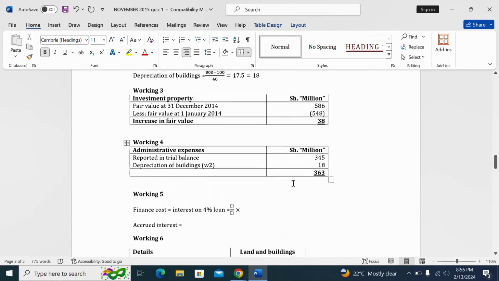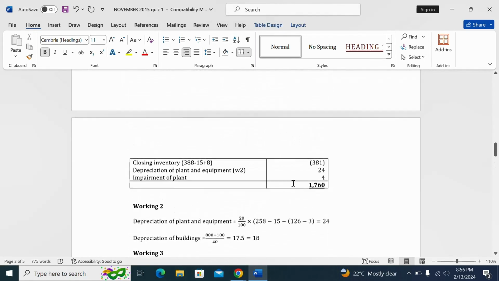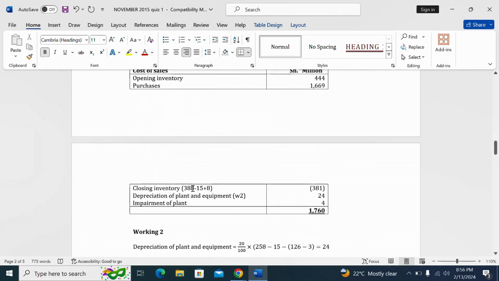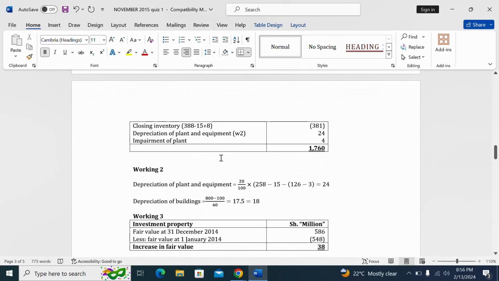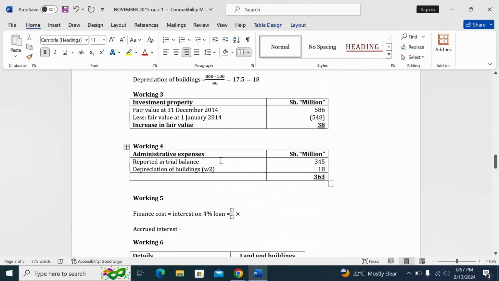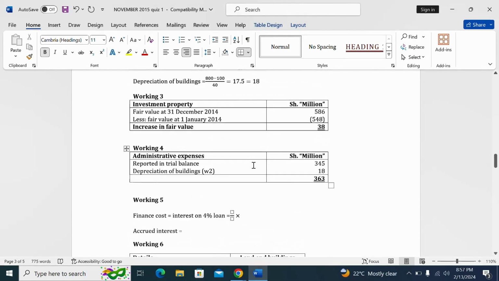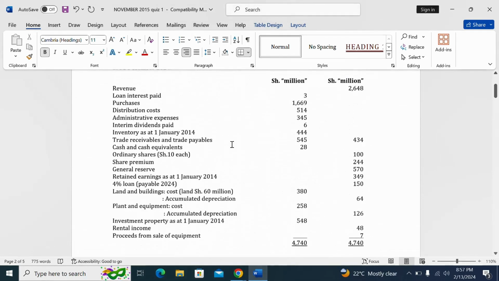Then finally, we go to our finance cost. Finance cost is the interest which was paid during the year, or anything else which can be classified as a finance cost. The finance cost is just the interest on the 4% loan. How much is the 4% loan?